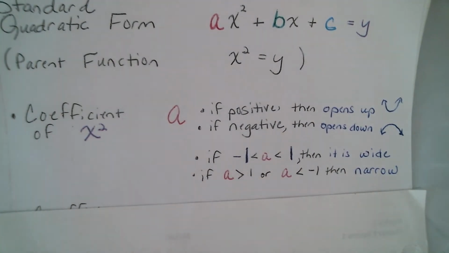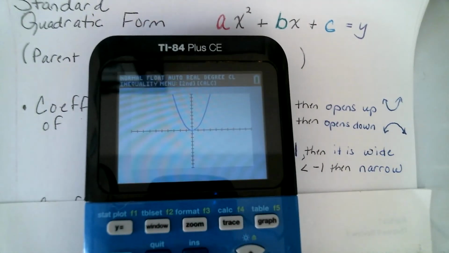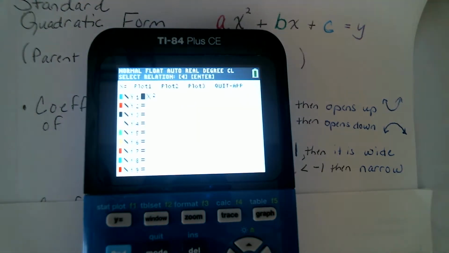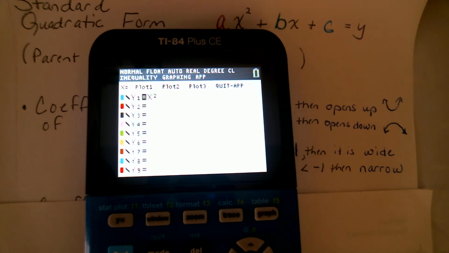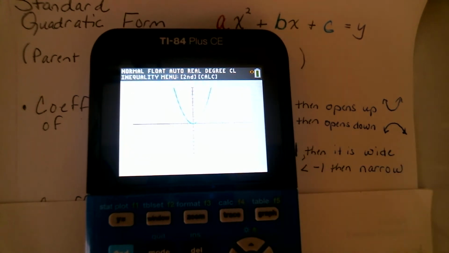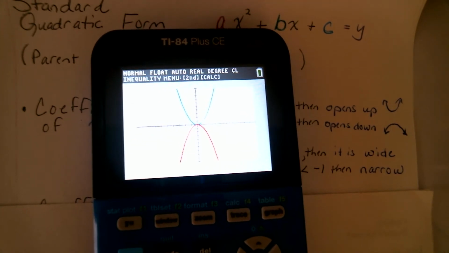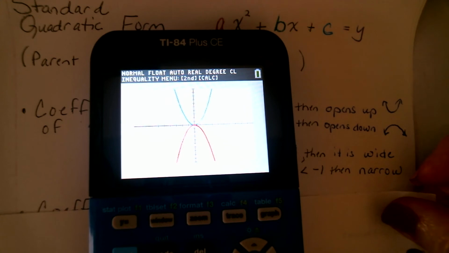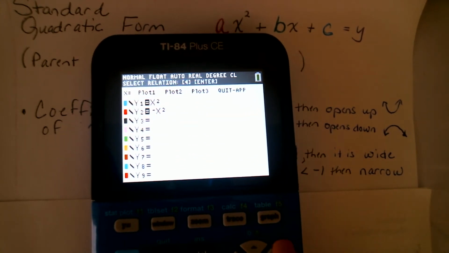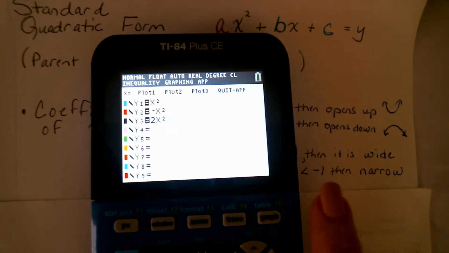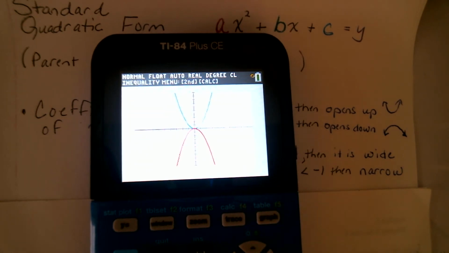So if we just play around with that for a minute, you're going to see the camera if I do that. Let me move it up a little bit. So let's say I do a negative x squared. And grab that. All right. How about we do 2x squared then? And we would predict, since it's greater than 1, it's going to be skinnier.